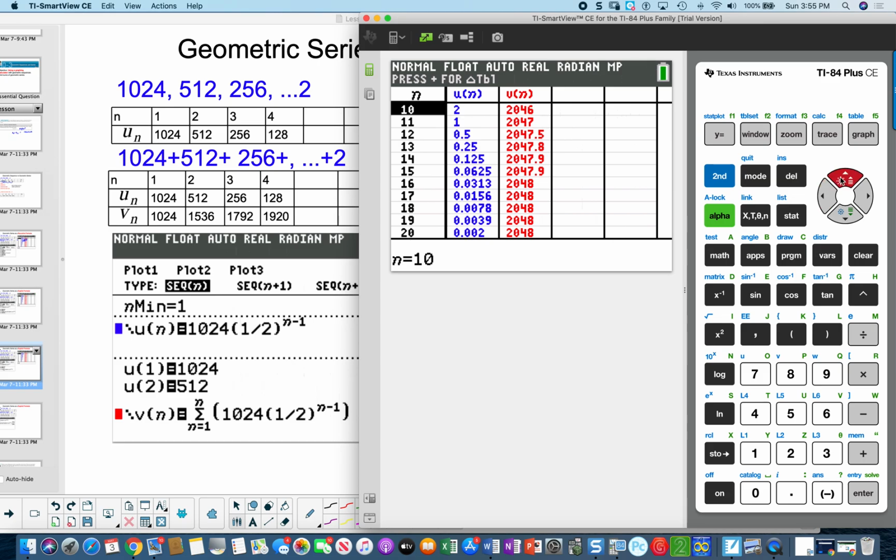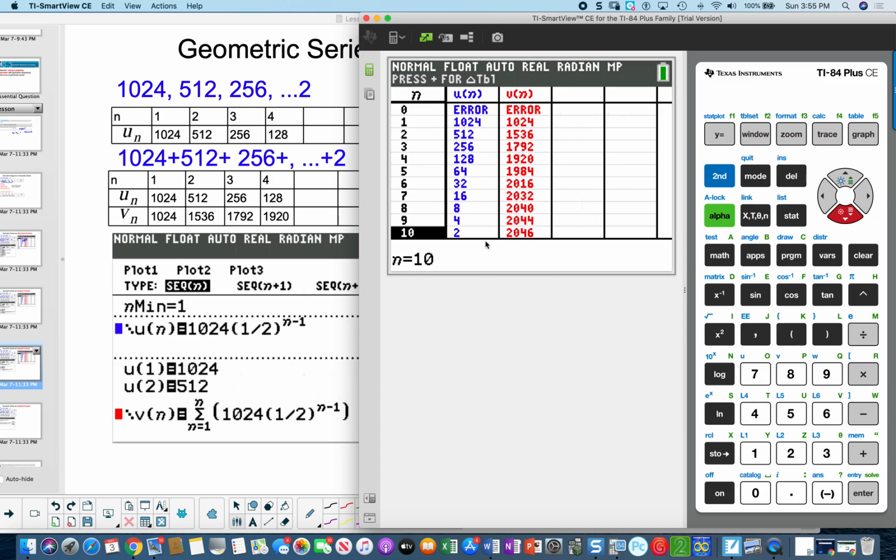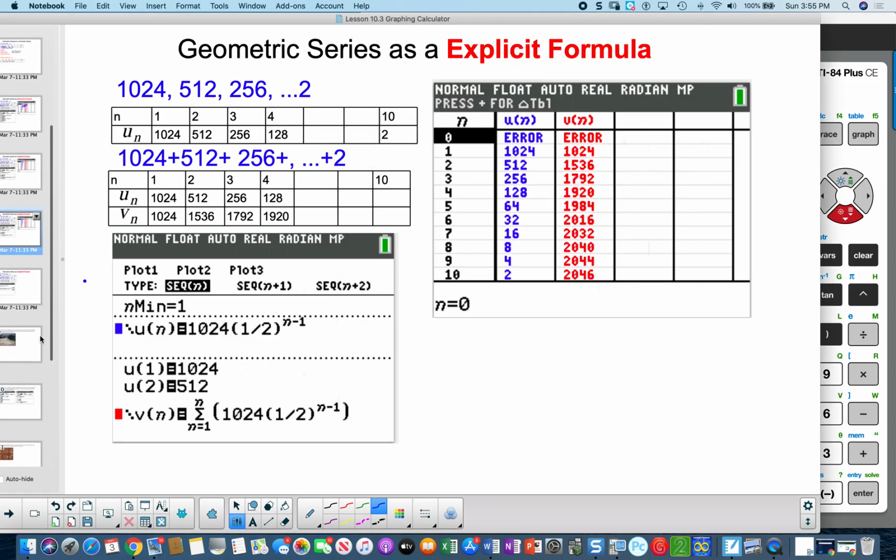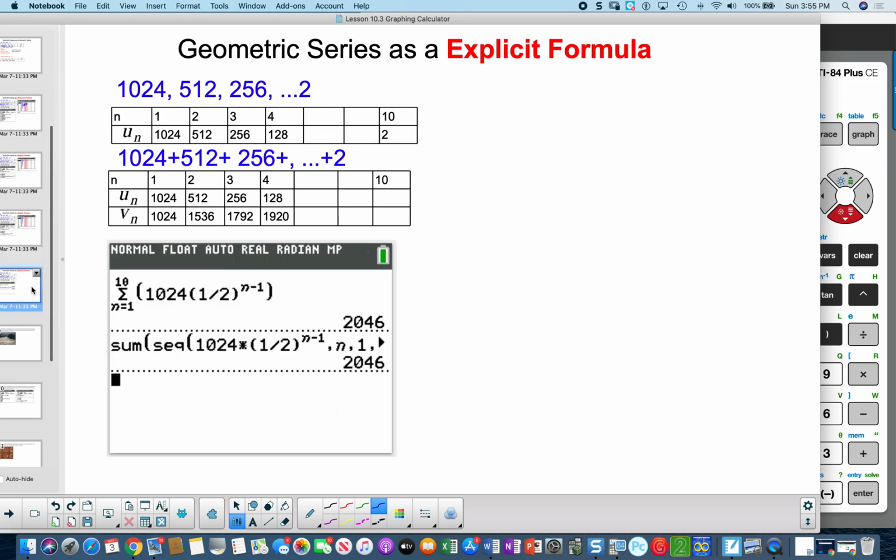Okay, let's go up here. There we go. And there's our numbers on our sequence, and here's our numbers on our series that we're getting. Okay, if you don't want to see the graph, of course, you can just go on to your calculate screen and figure out those numbers.